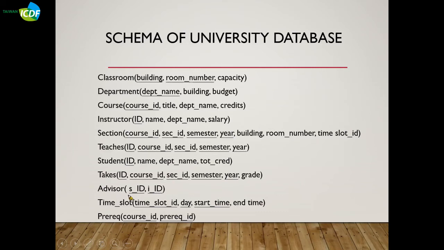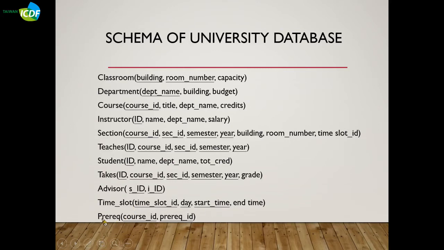Advisors includes SID and ID, and these two attributes form the composite primary key. And the time slot consists of time slot ID, day, start time, end time, and these attributes are the primary key.